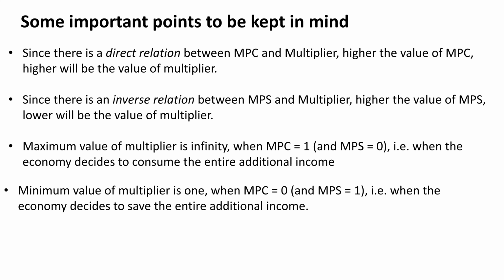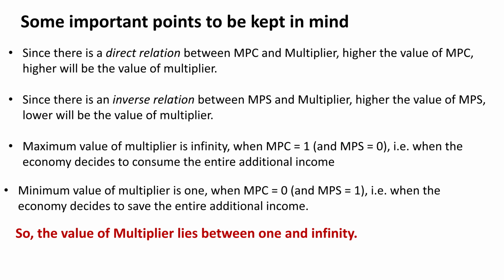Minimum value that the multiplier can take is 1, and that happens when MPC is 0. That is, when the economy decides to save the entire additional income and MPS is 1. So, the value of multiplier lies between 1 and infinity.